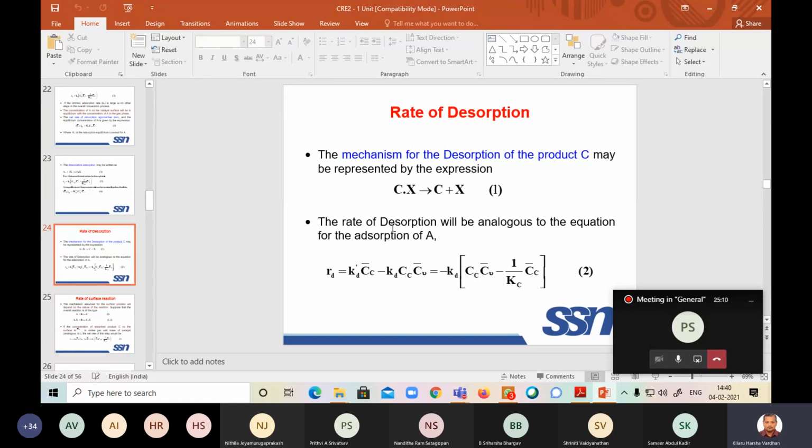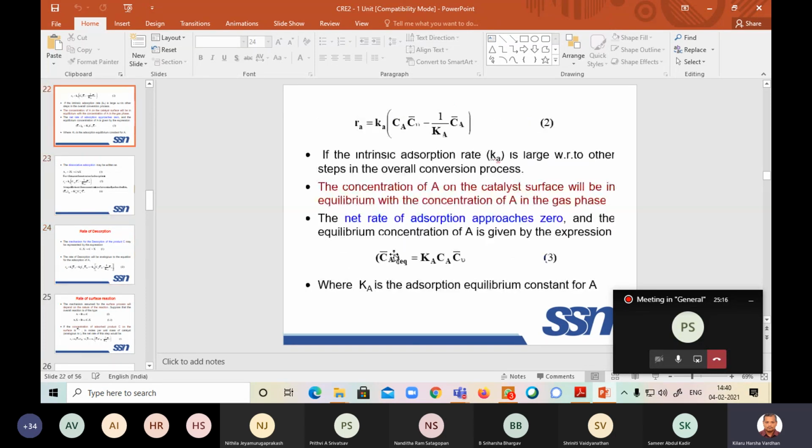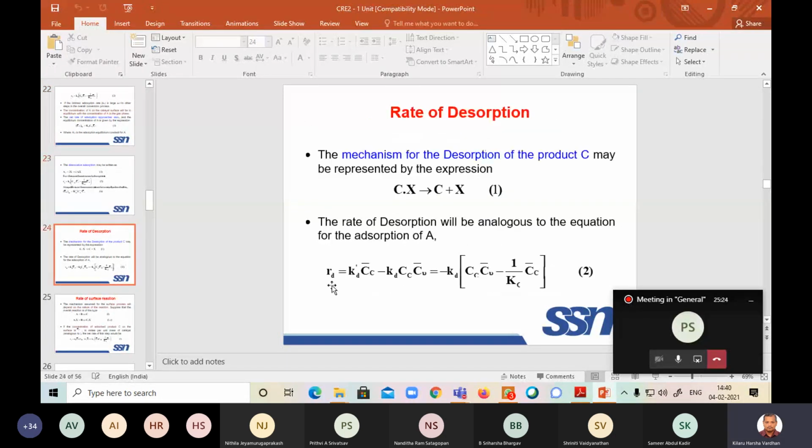So the net rate of desorption will be analogous to the equation of adsorption. You can see the adsorption equation you are getting like this. The same way for desorption you get RD. RD is equal to minus Kd, Cv minus 1 by Kc Cc.